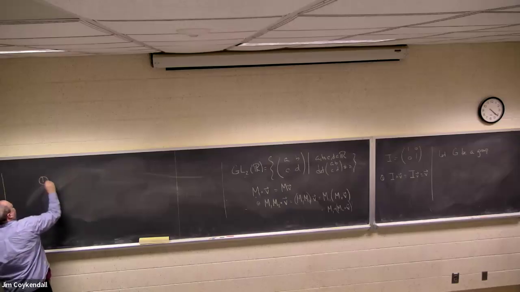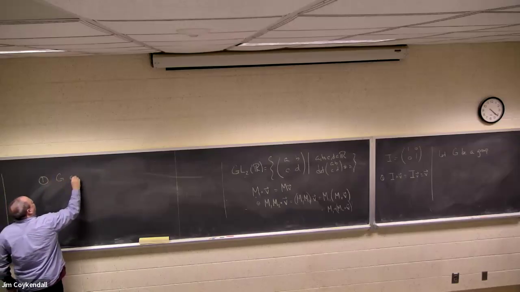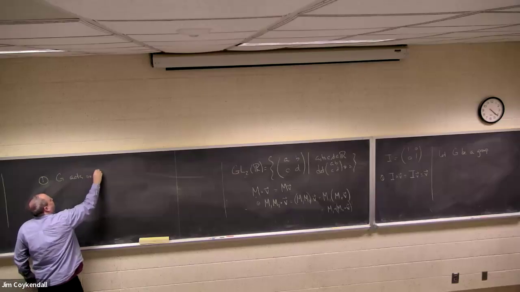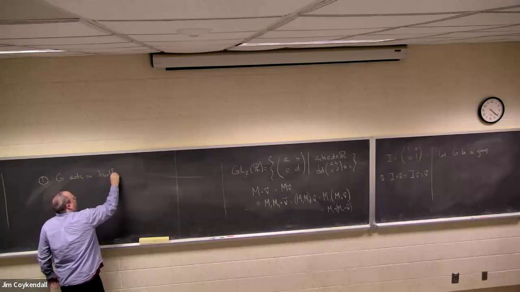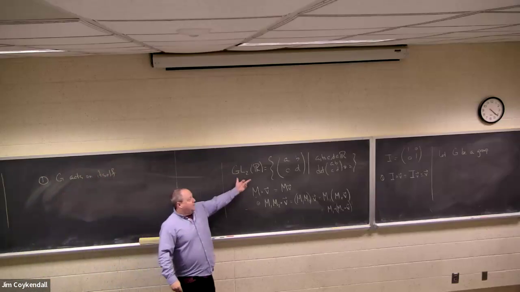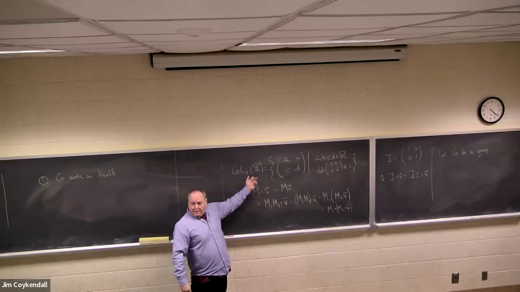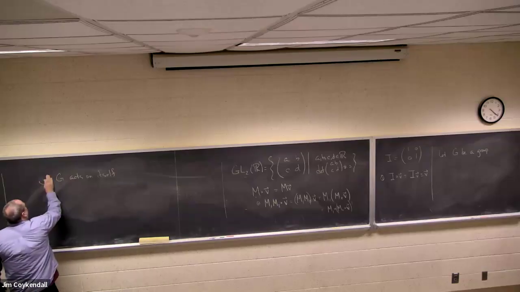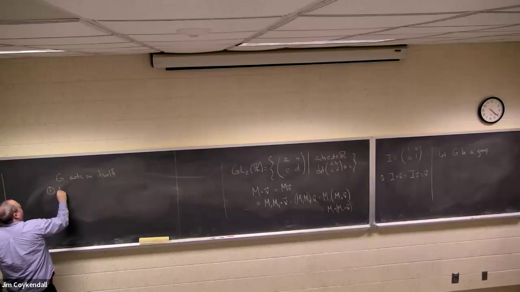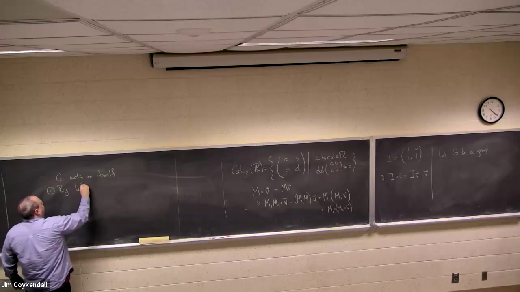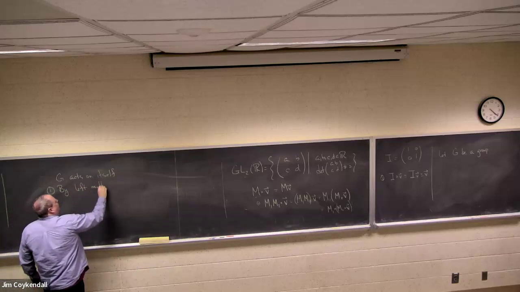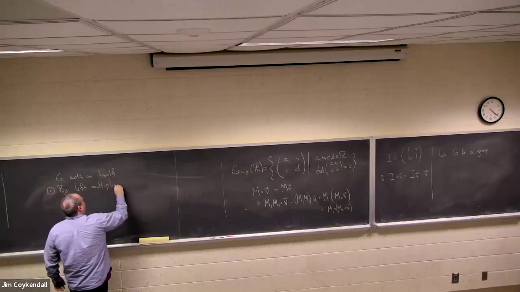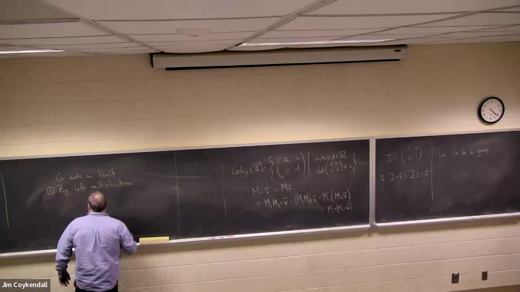Number one, G acts on itself, which is sometimes important because this group is important to understand the matrices themselves. One, by left multiplication, or sometimes it's called translation if the group is abelian.